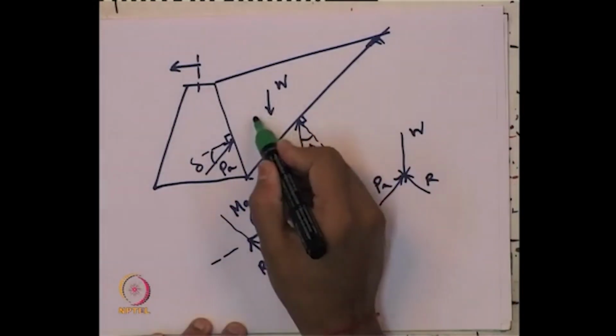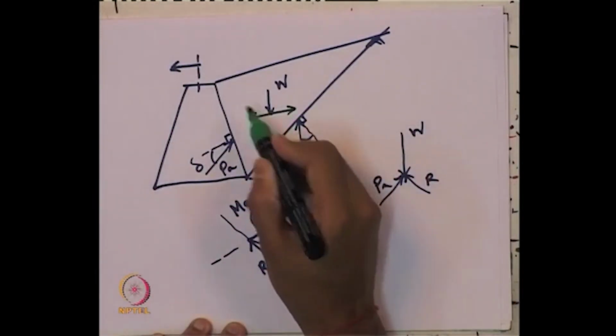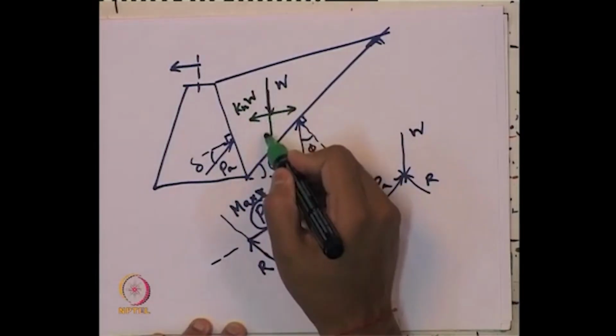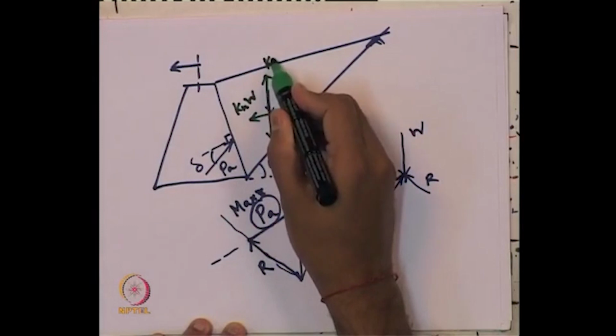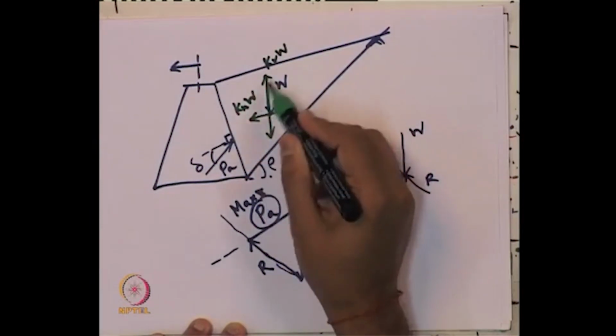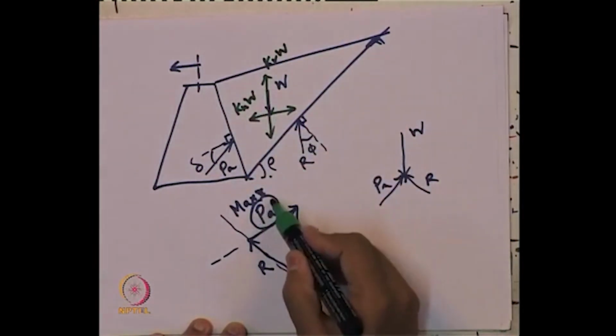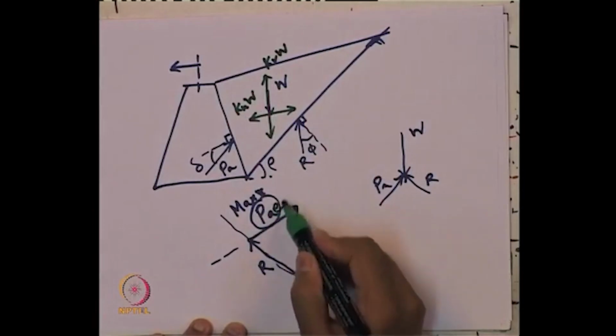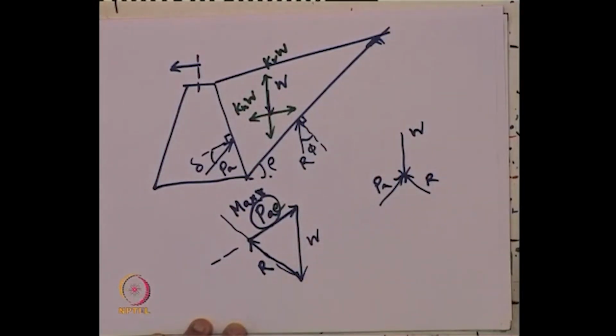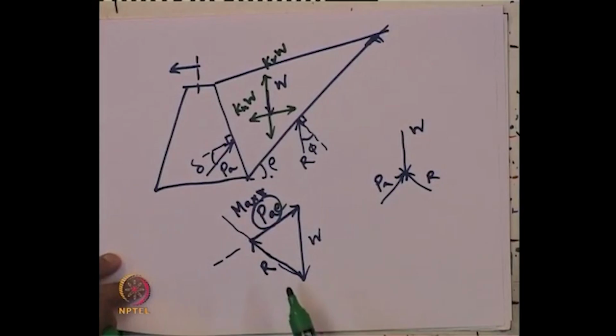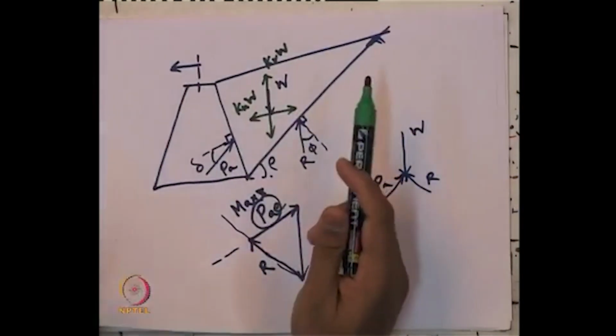Now, in the Mononobe-Okabe method, they added kh W in both directions and kv W in both directions for analysis, and the critical direction, whichever gives the maximum value of PAE, needs to be estimated under the earthquake condition using the pseudostatic approach.